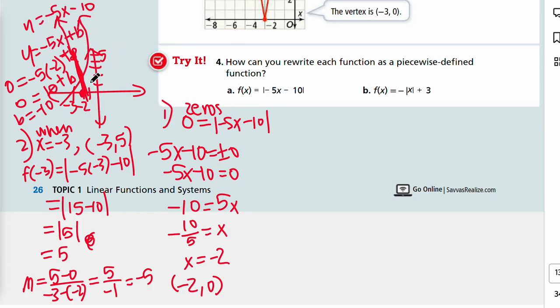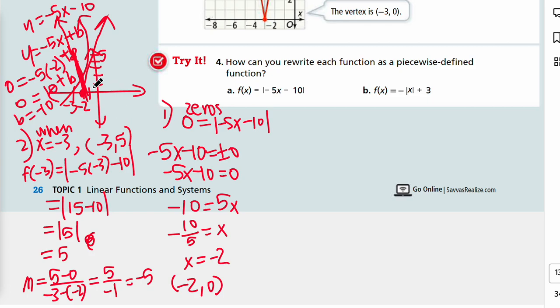And for the other side of it, you can use the same method. First, plug in a random x that's on the right side, that's bigger than your minimum value, which is negative 2 in this case.